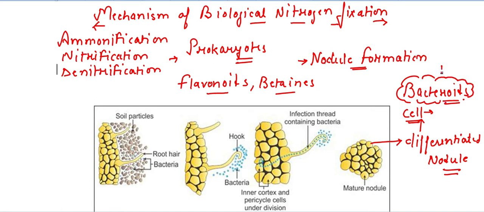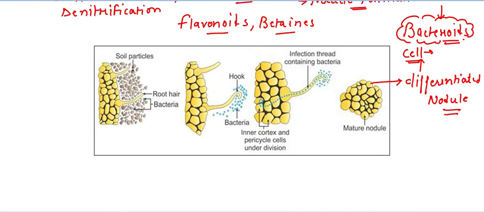And these bacteroids release a pinkish pigment called leghemoglobin. This pigment is an oxygen scavenger.